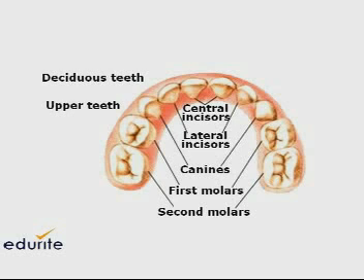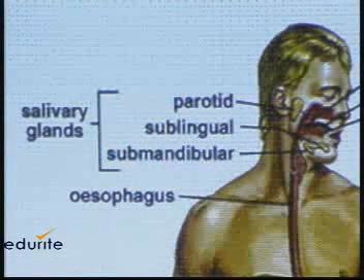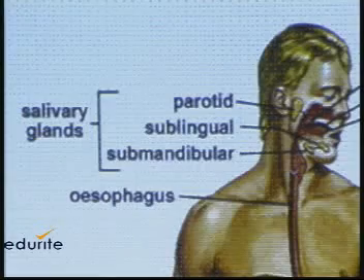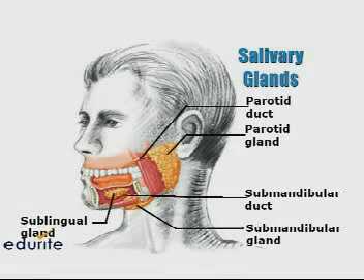You can have a look at the glands present in the mouth. The salivary glands are of 3 pairs: parotid, sublingual and submandibular. As the name suggests, parotid glands lie below the ear, sublingual below the tongue and submandibular below the lower jaw.